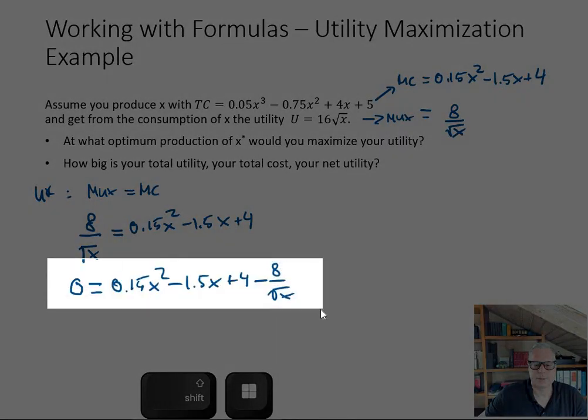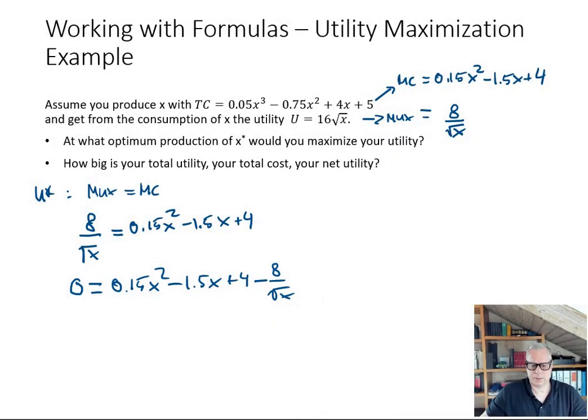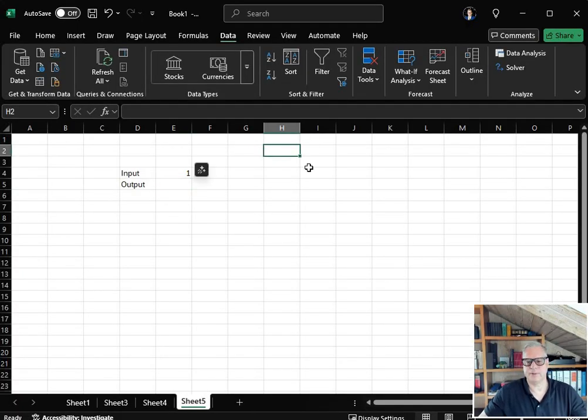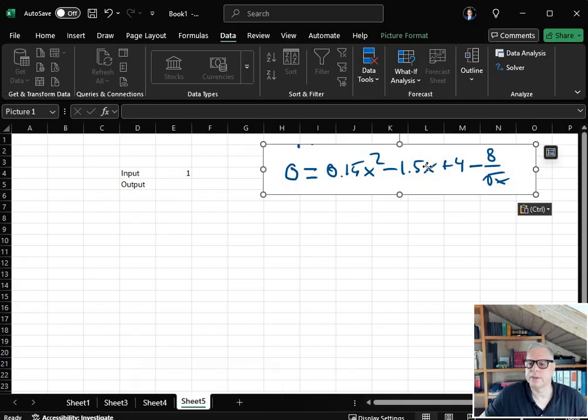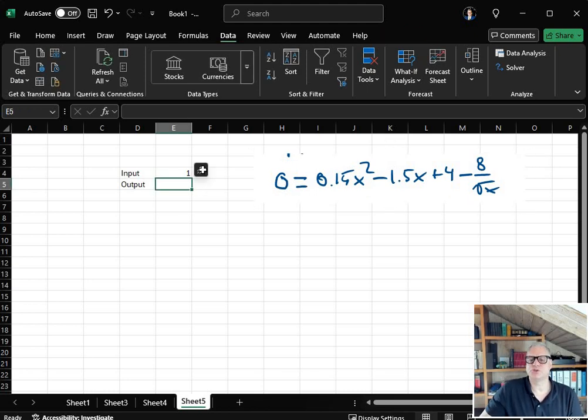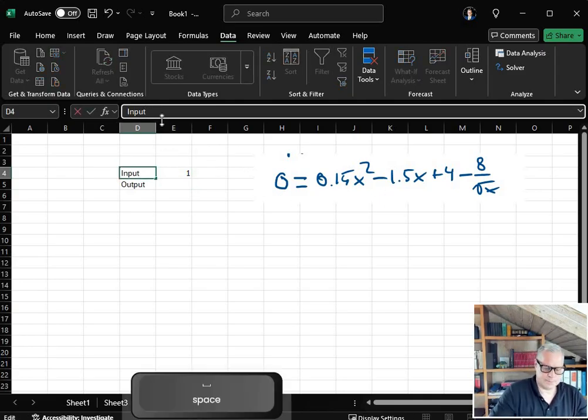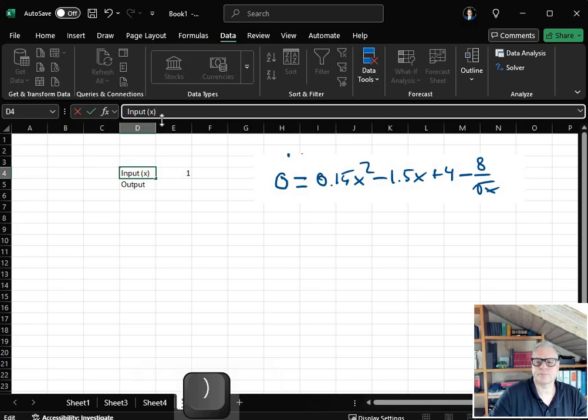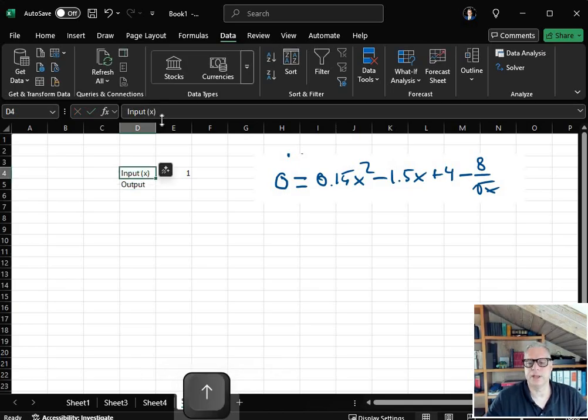Okay, so I snipped that out, and let's put it here again. I want to find the x that solves this equation and make it equal to 0. So let's assume the input x is currently 1.